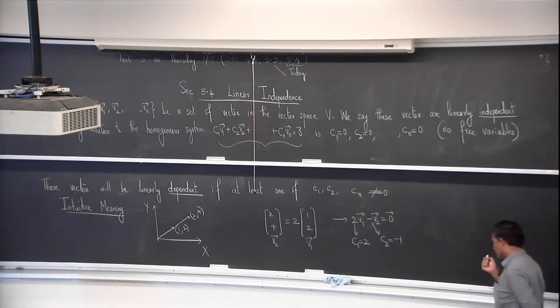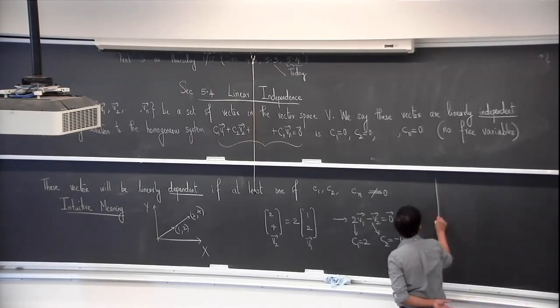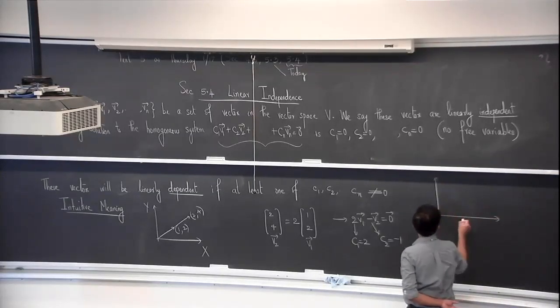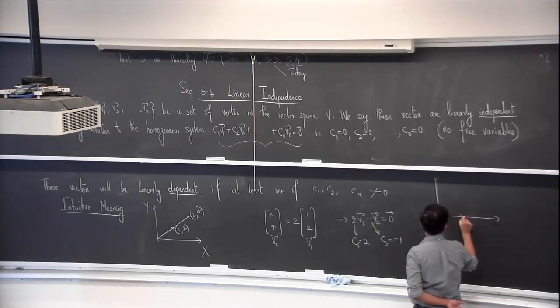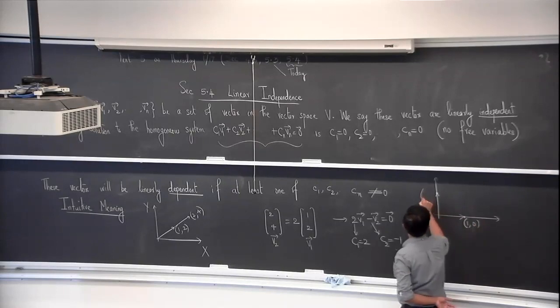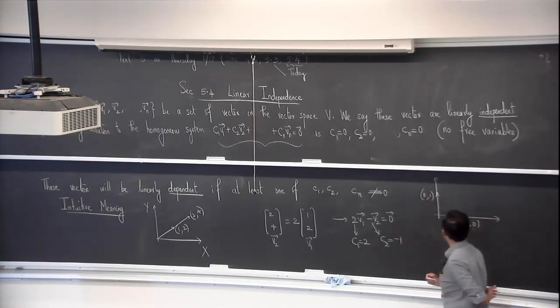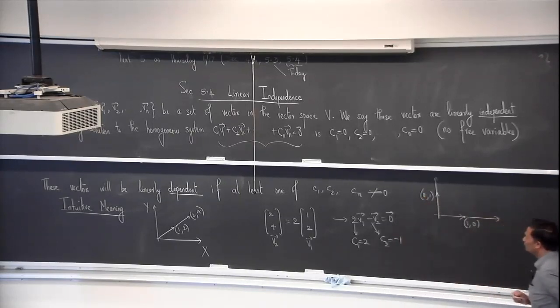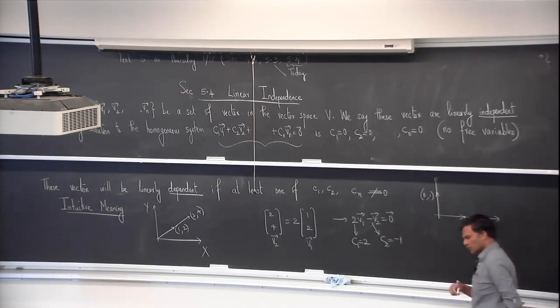Now let's take two other vectors. Going to kind of cheat here and take two very convenient vectors, (1, 0) and (0, 1). What do you think about those two vectors?